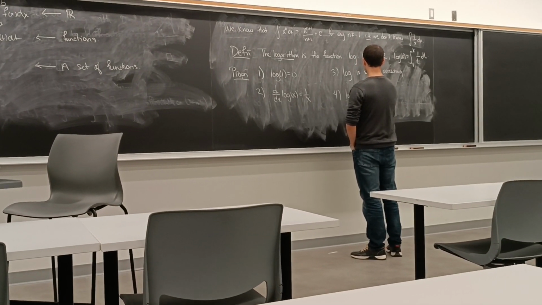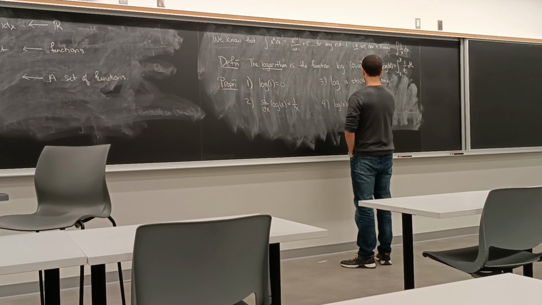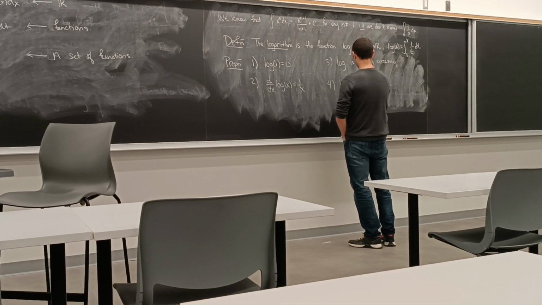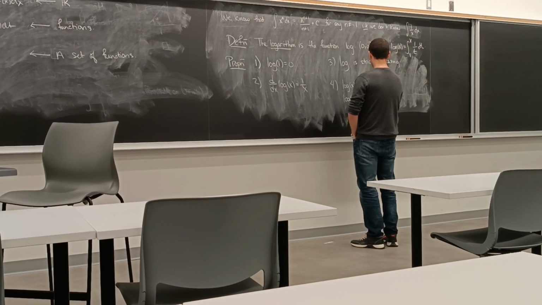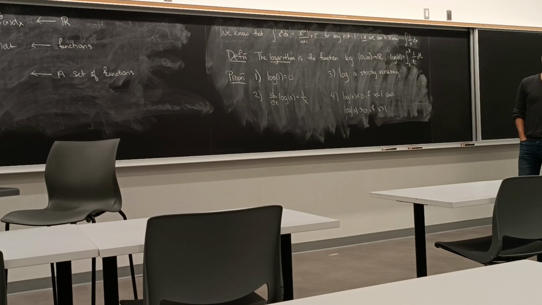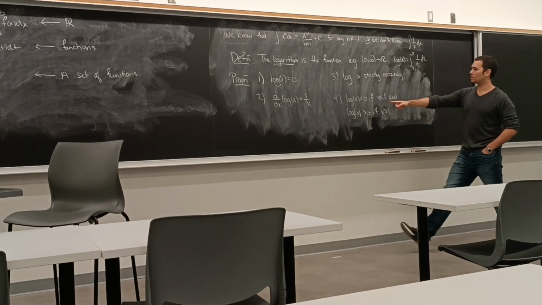Log x is less than 0 if x is less than 1, and log x is greater than 0 if x is greater than 1. I'm not going to prove the last one because it's absolutely true. Log 1 is equal to 0.